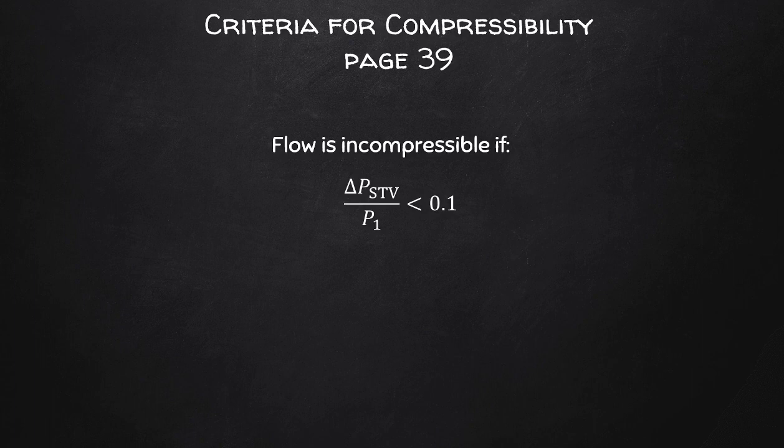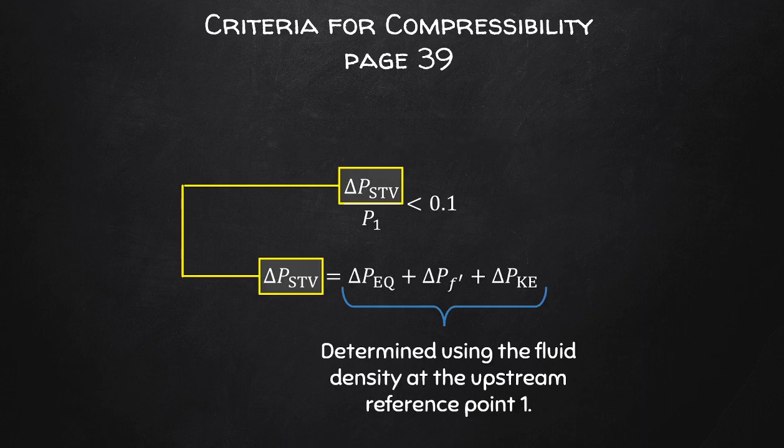In other words, if the subtotal variable pressure is greater than 10% of the upstream pressure, then we are most definitely dealing with compressible flow and must take into account the drop in density that is likely to be occurring. Remember that subtotal variable pressures are the change in pressure due to equipment, friction, and also kinetic energy losses.